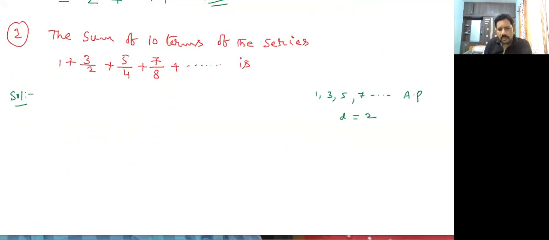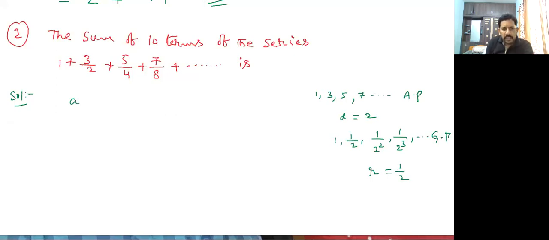And another term, observe that 1, 1 by 2, 1 by 4 means we can write 1 by 2 square. 1 by 8 means 1 by 2 cube, and so on. This is GP series. What is common ratio? 1 by 2.